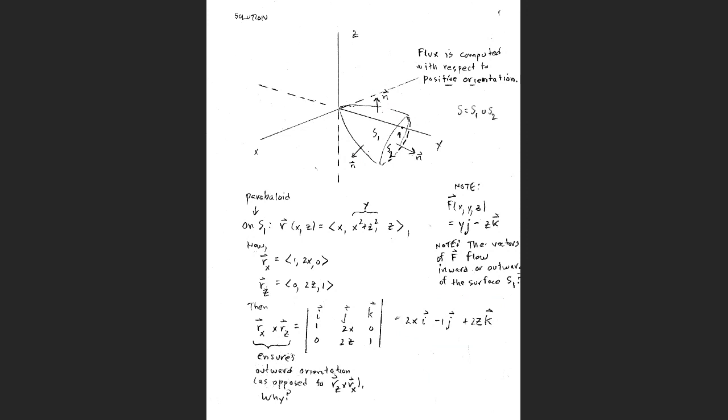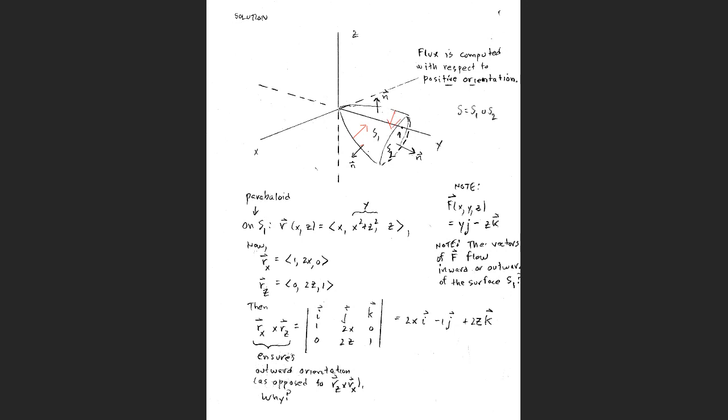Because let's say those vectors were going inward from the surface. What would the y component be for vectors going inward from the surface? What would the y components have to be?